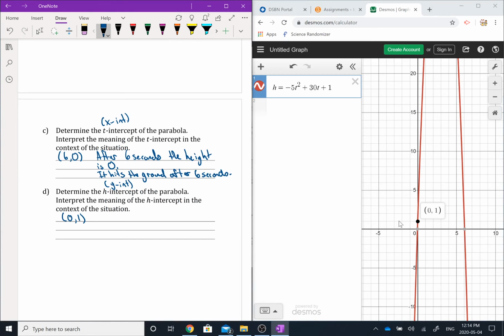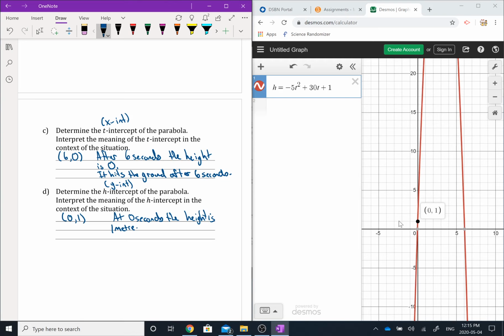So the y-intercept is (0, 1). What does this mean in the context of our model rocket? x is 0, which means time is 0. So at 0 seconds, the height is 1 meter.